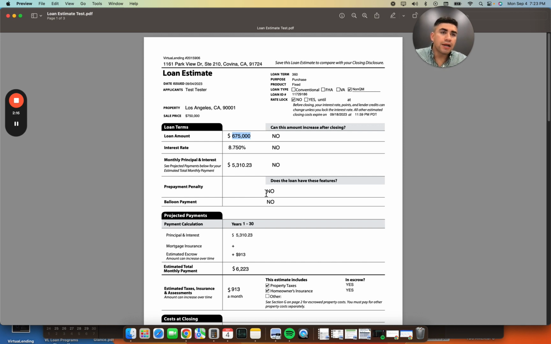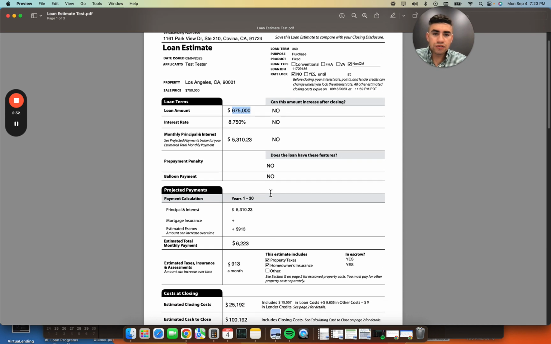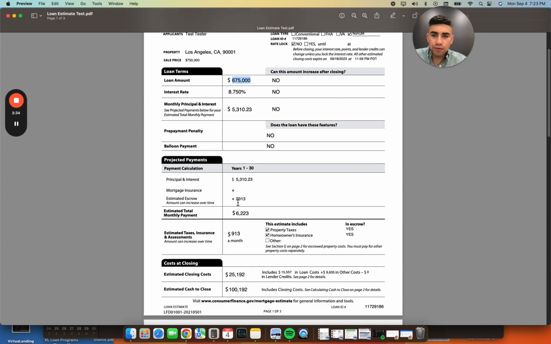Now if you're buying an investment property, then yes, using a non-QM loan, there may be a prepayment penalty applicable. And if it is applicable, it will say right here, yes, and for how long. In this case, it does not have any of those features, so we'll just go ahead and ignore that.